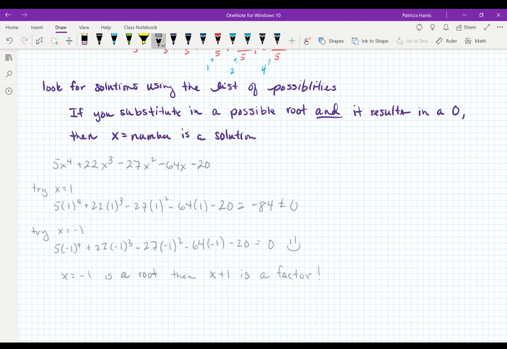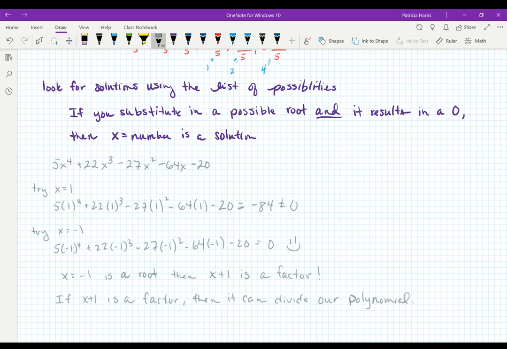And if it's a factor, then it can divide our polynomial and make it smaller.